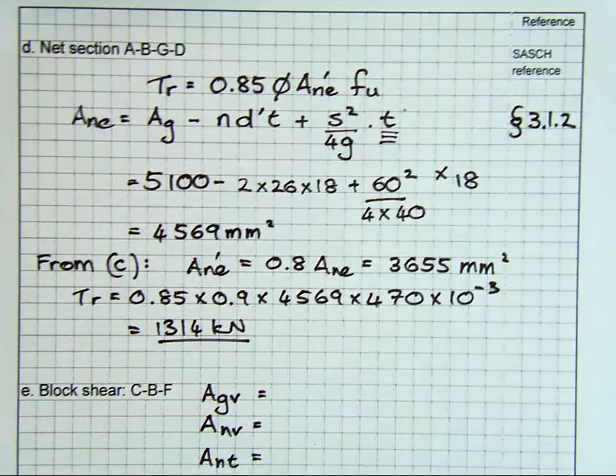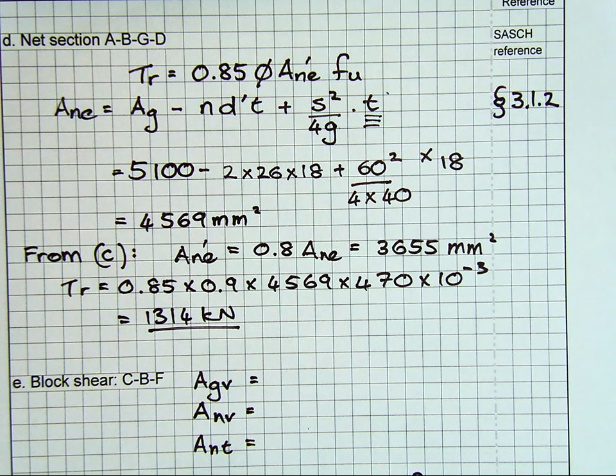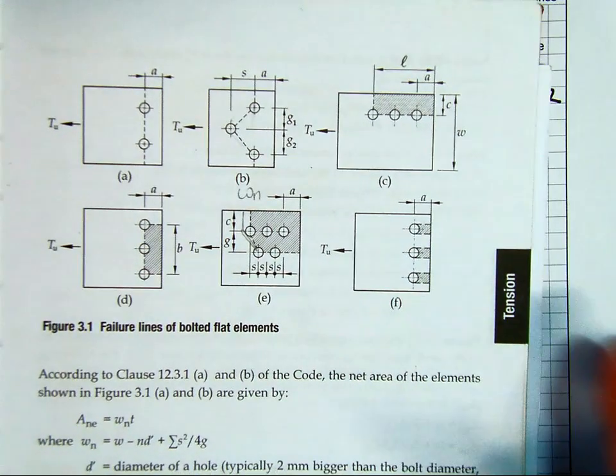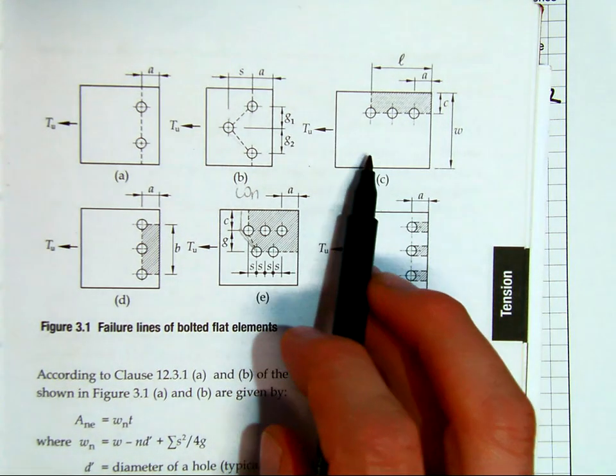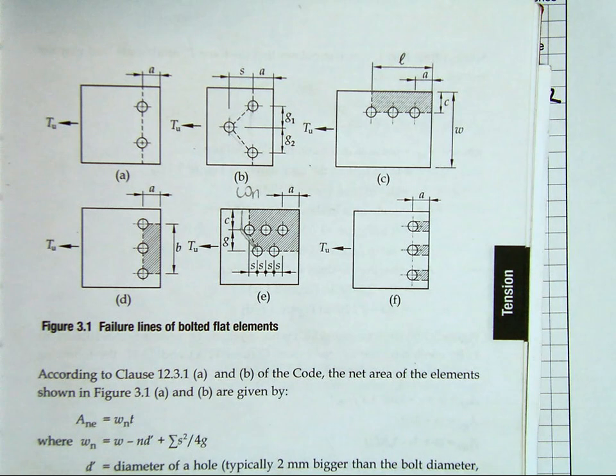Now we're going to continue on looking at block failure, looking along CBF, and there's a couple of areas I'm going to need to look at, because a block failure is whenever you have a section that pulls out. So part of it's in shear, part of it's in tension, and even part of it can be on a slope as well.